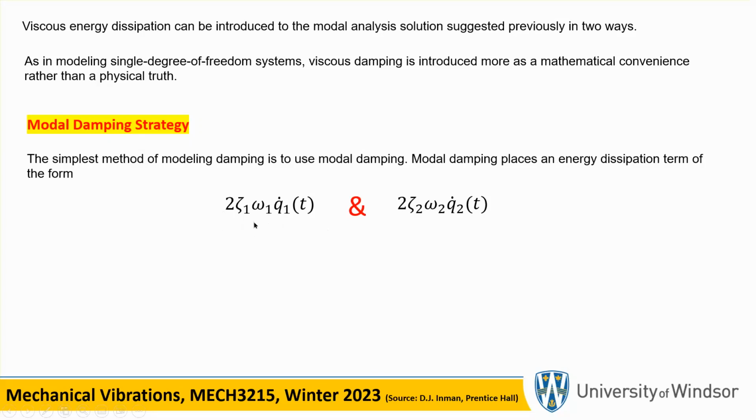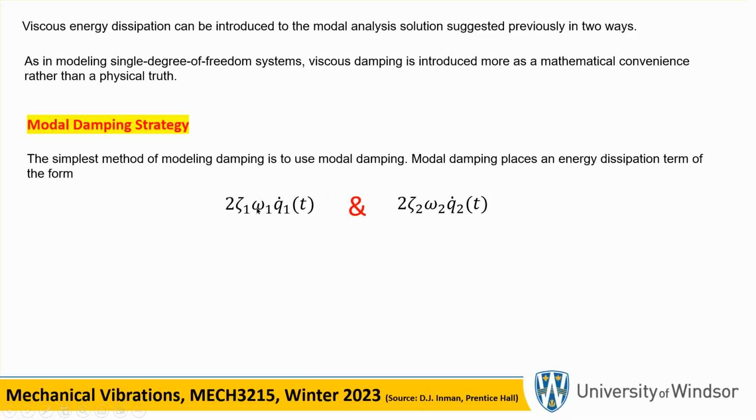And these look familiar because when we did SDOF, this is what we got for the damping term once we divided by m and then used the damping ratio: a term like 2 zeta, the damping ratio, times the natural frequency times the velocity of the point.